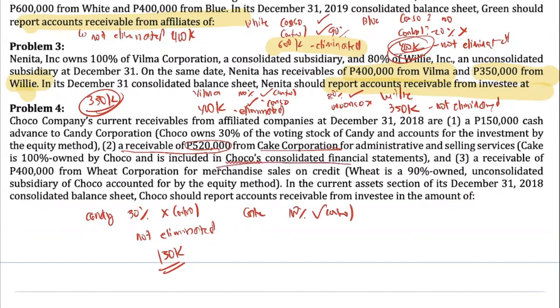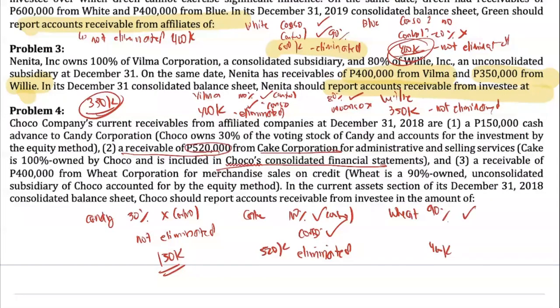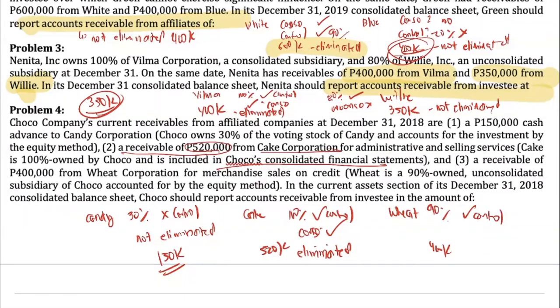And included in consolidated financial statements. So there is conso. So this is eliminated. How much? 520,000. And a receivable of 500,000 from Wheat for merchandise sales on credit. 90% owned. Therefore, there is control. However, unconsolidated. So, not eliminated naman to.